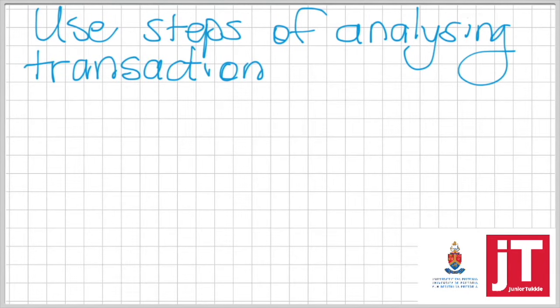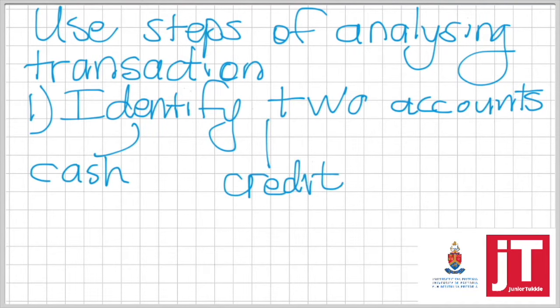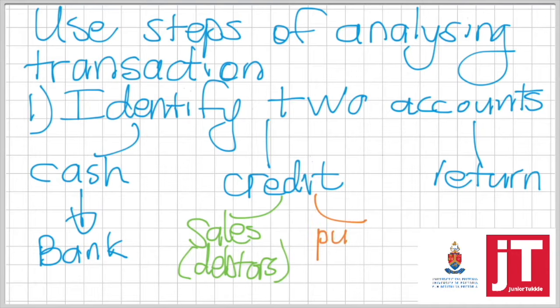So just a quick recap. 1. We identify the two accounts by asking ourselves a few questions. First of all, is this a cash, a credit, or a return transaction? So if it's cash, it will be bank. If it's a credit transaction, it can either be a sales transaction or a purchase transaction.